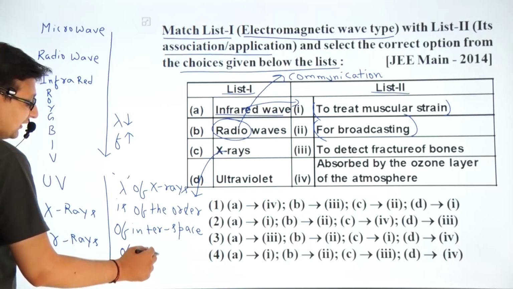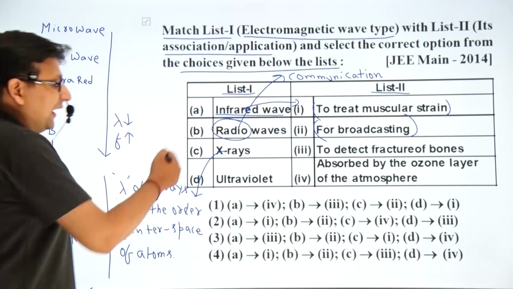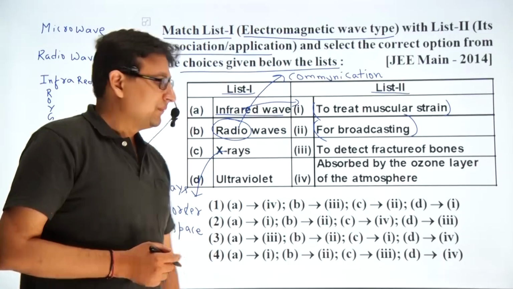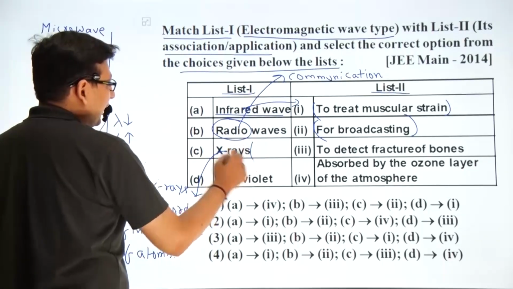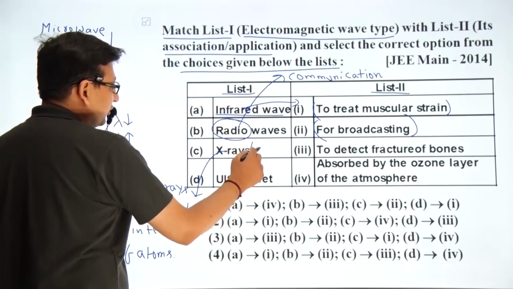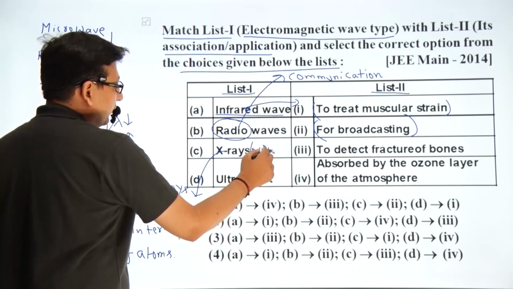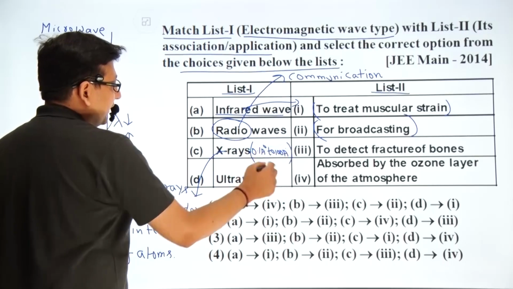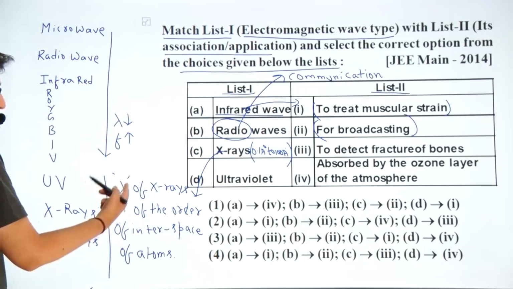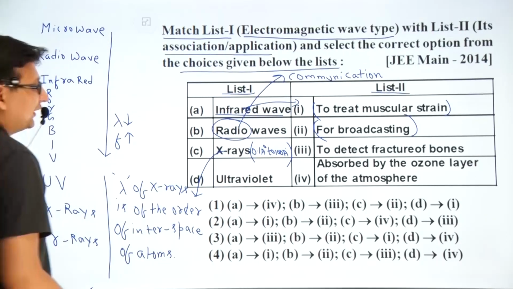What is the meaning of this interspace of atoms? X-ray is also a chapter in modern physics, so from that also you must know how the wavelength varies. It is from 0.1 angstrom to 100 angstrom. This is one way. Another way, it is of the order of interspace of atoms.